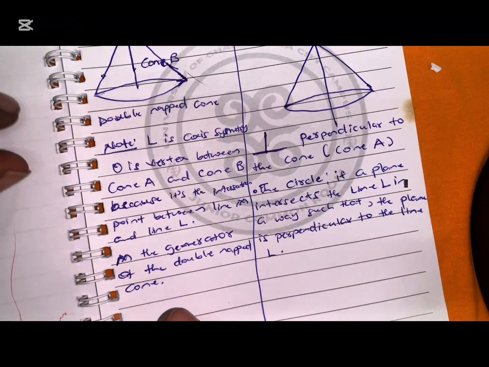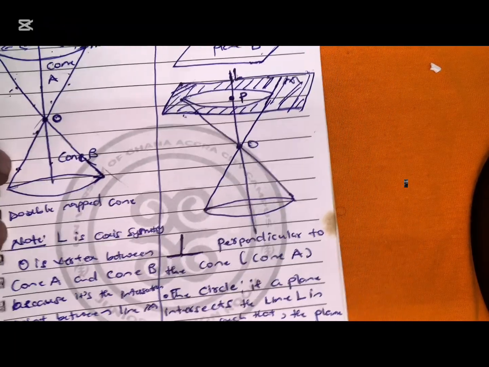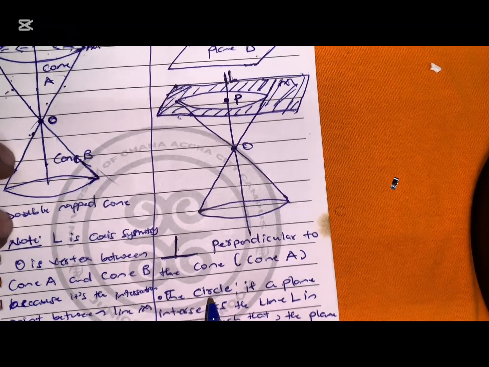It means that if it didn't make any movements, we wouldn't have a double napped cone. Good. So now we have a conic section called what?